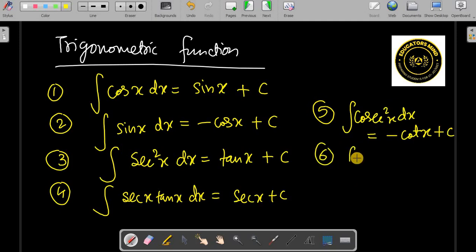In the same manner, if you integrate cosecant x into cot x dx, then you will get minus cosecant x plus c. Okay, so this is just the reverse of the differentiation formulas. This we should note, right? Then we will continue further in the next class with more of the different integration formulas. Thank you.